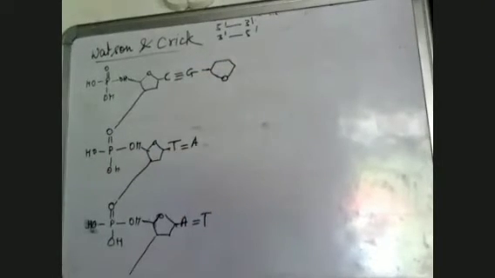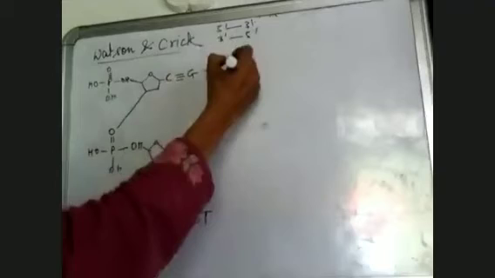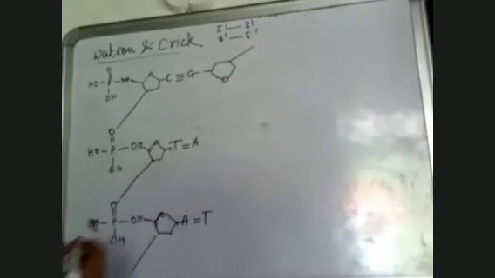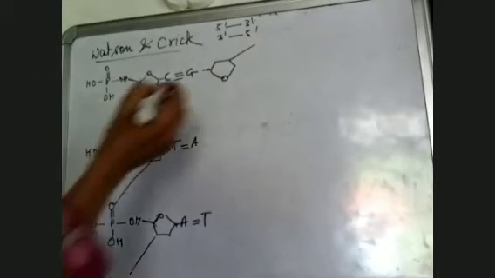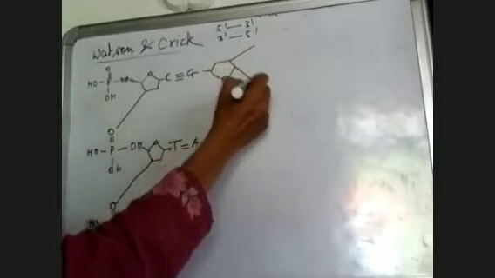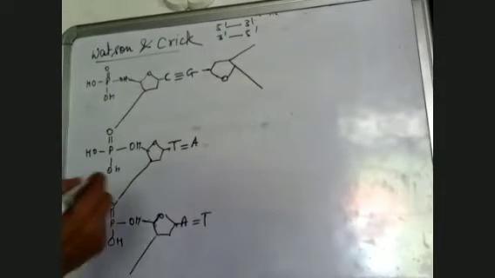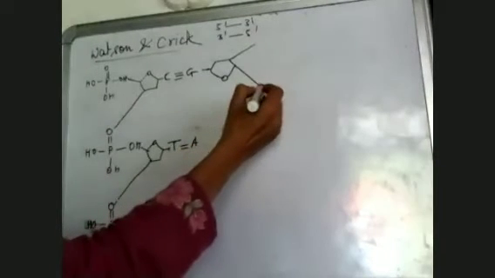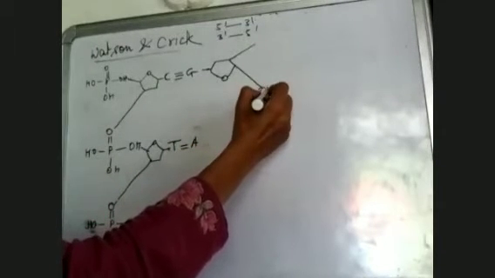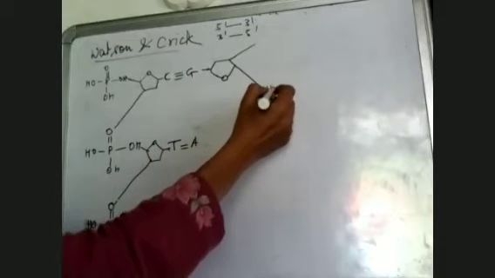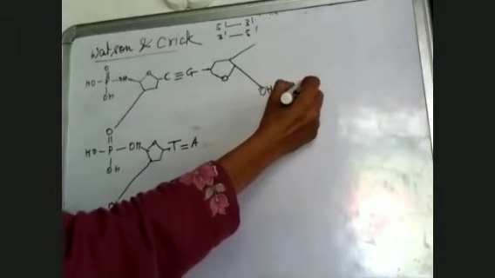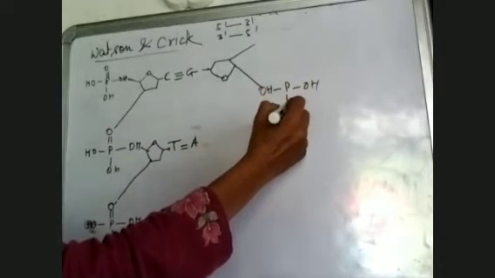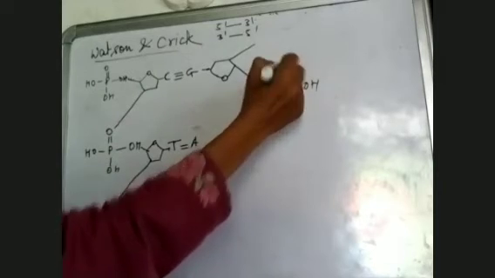So this is the sugar. Here 3 prime goes up, then 5 prime goes down. So 5 prime is attached to OH. So we'll make here OH, fine, and then P, OH, OH, double bond O.